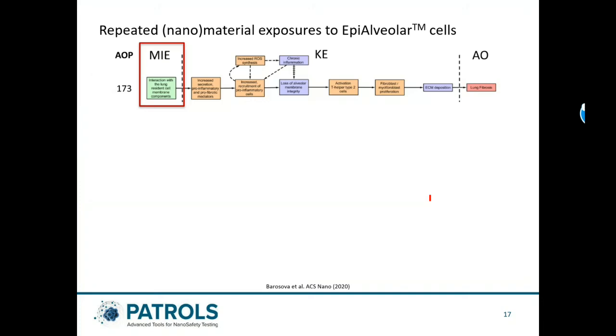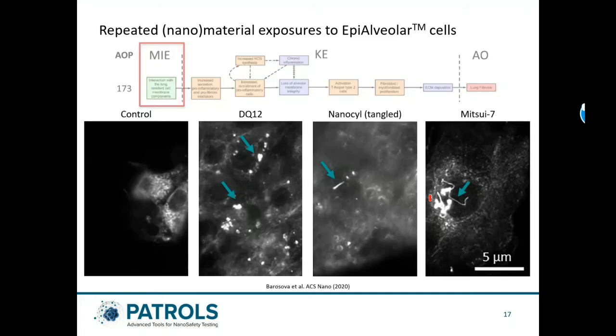We then started to look at the interaction of the carbon nanotubes with the cell membranes in the EpiAlveolar model. Here you see some enhanced dark field images, which show DQ12, NanoSil, and Mitsui in the cells. It was a little bit tricky to prepare the cells for this microscopy method.